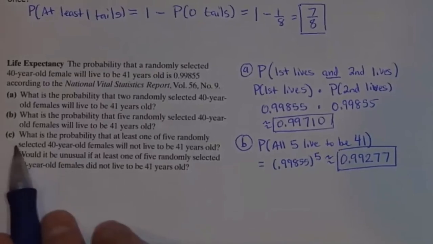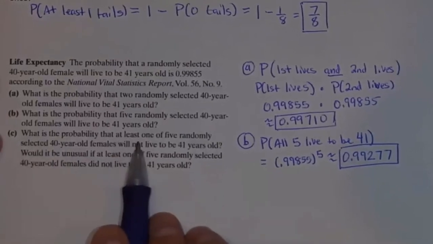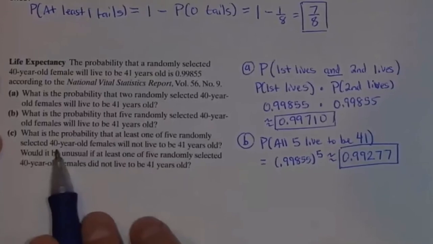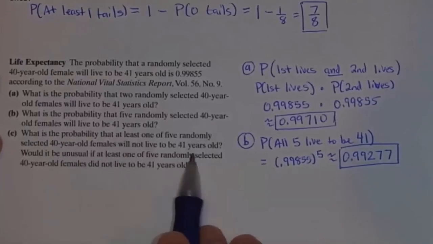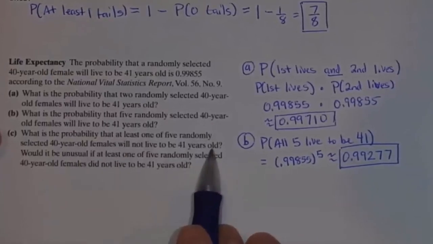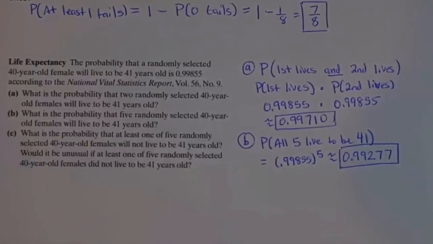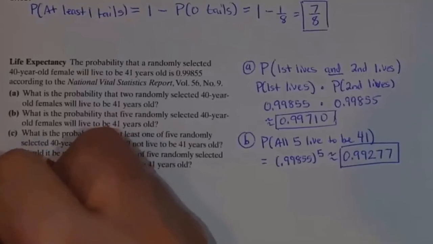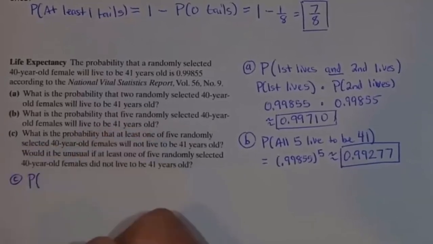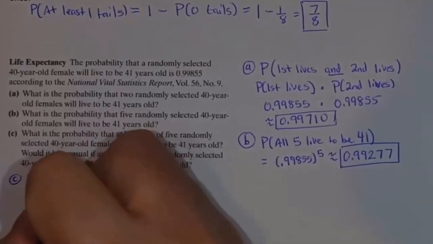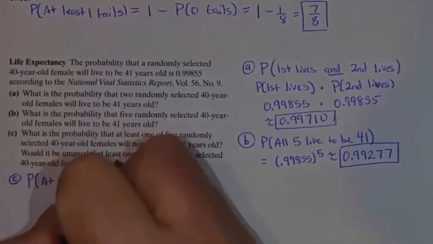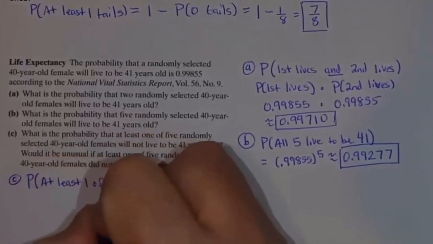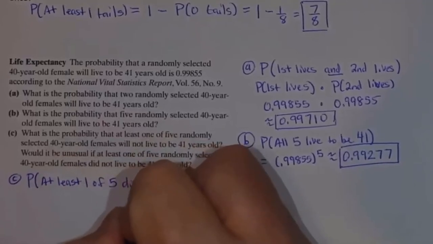So question C. What is the probability that at least one of the 5 randomly selected 40-year-old females will not live to be 41 years old? In other words, if I randomly pick 5 women, what's the probability that at least one of them dies? So C, what is the probability that at least one of the 5 dies?